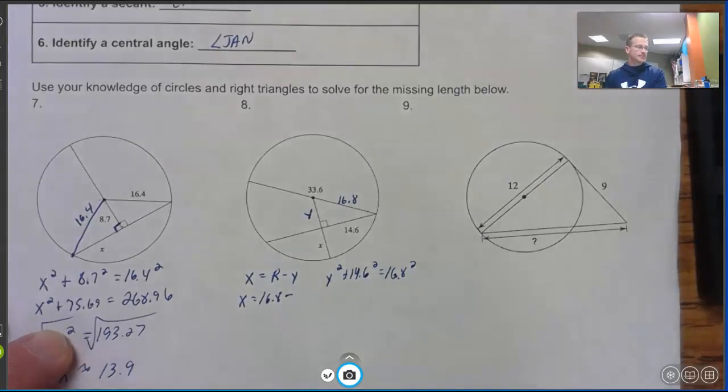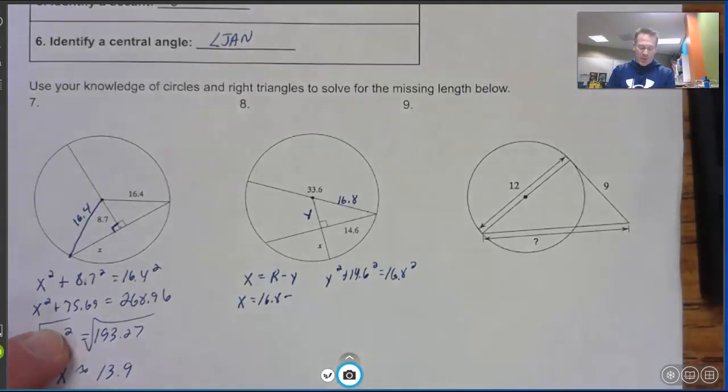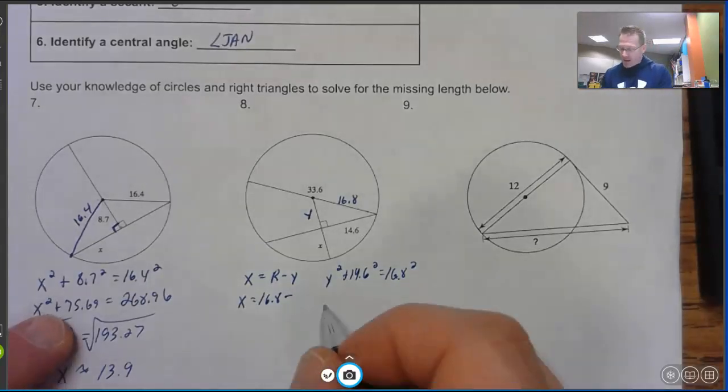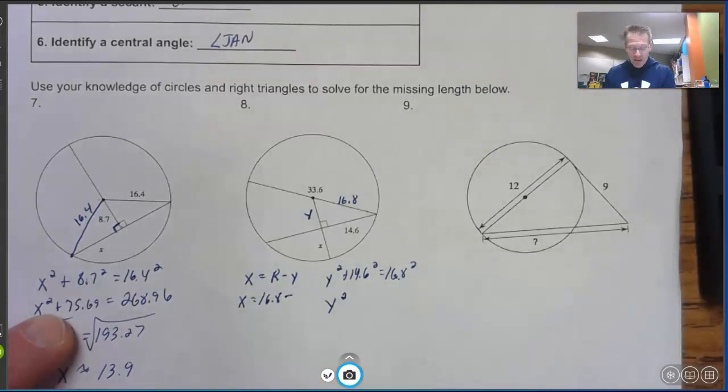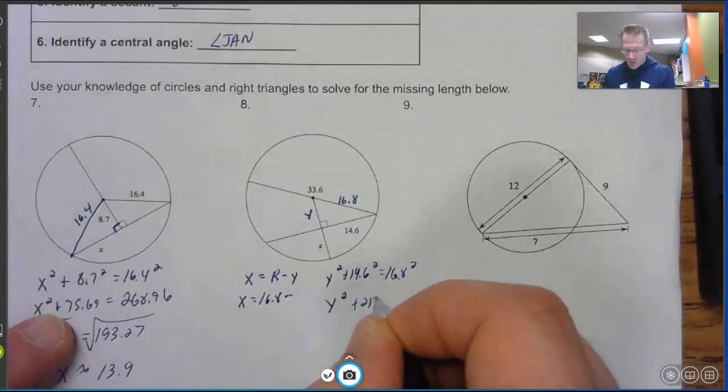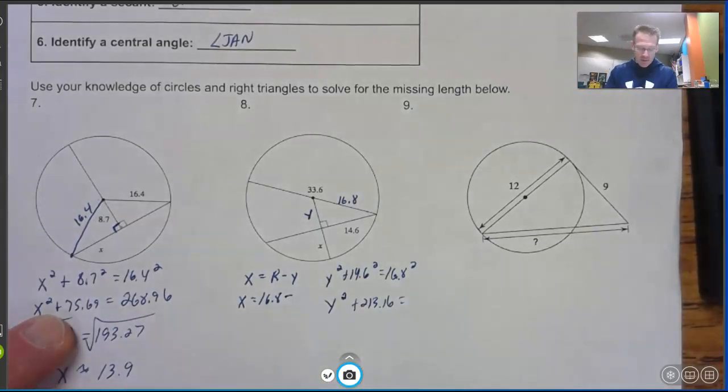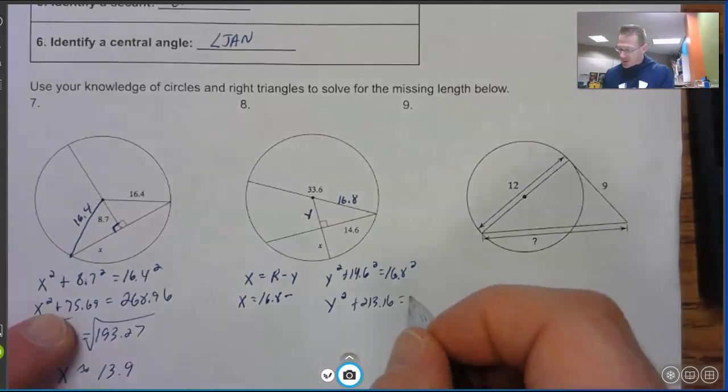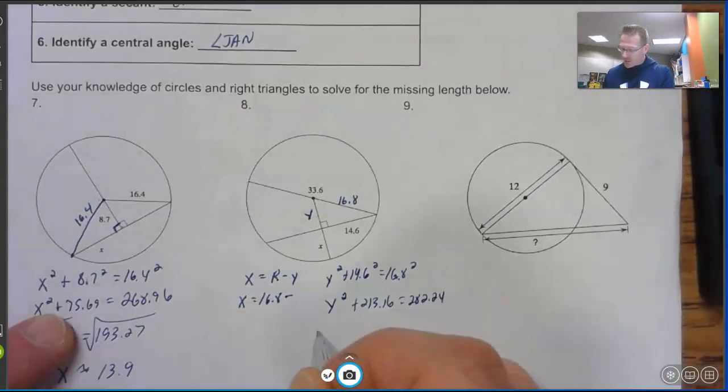And then we can just go through that process. 14.6 squared is 213.16, so y squared plus 213.16 equals 16.8 squared, which is 282.24.